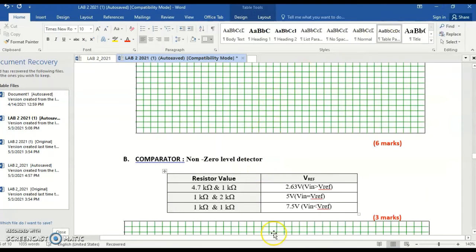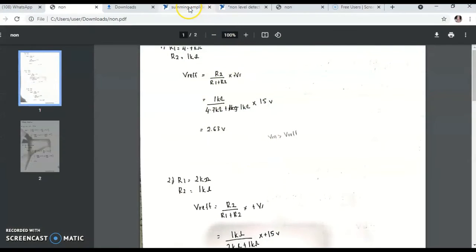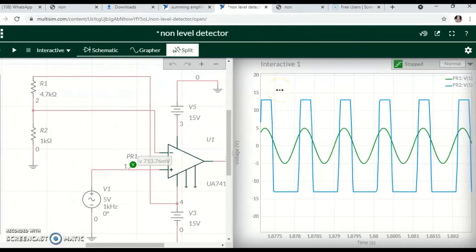When Vin is more than Vref, it gives the maximum positive Vout. If Vin is less than Vref, it would be the maximum negative Vout. So in this case, it goes to its maximum positive Vout.